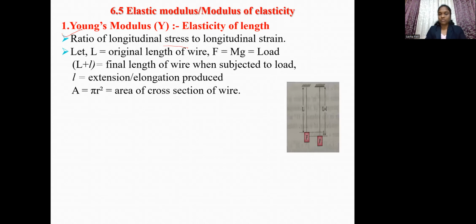In this figure, this is a metal wire and one end of the metal wire is suspended from the rigid support. So here is the rigid support. Now, let us consider here capital L be the original length of the wire and A be the area of cross section of the wire, where r is the radius of the metal wire.